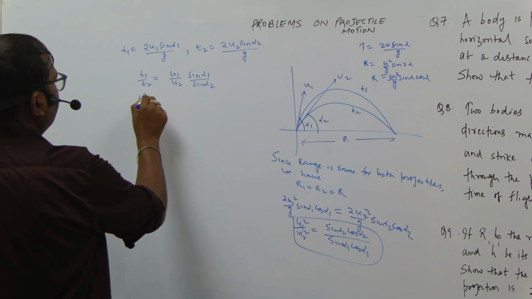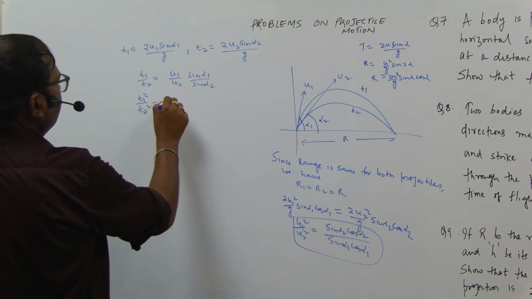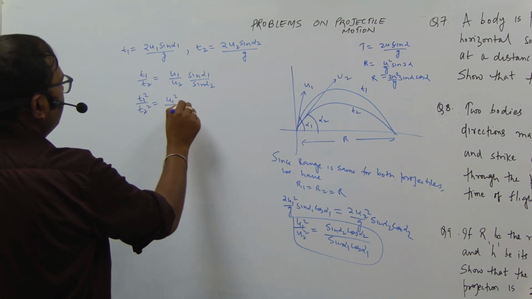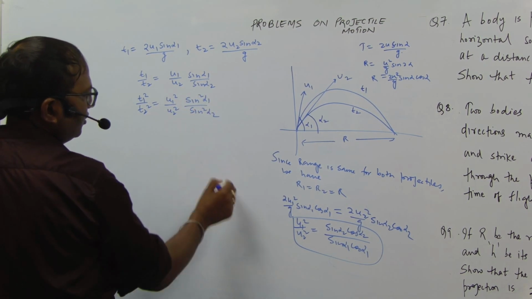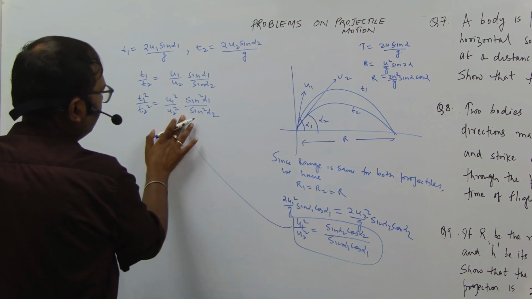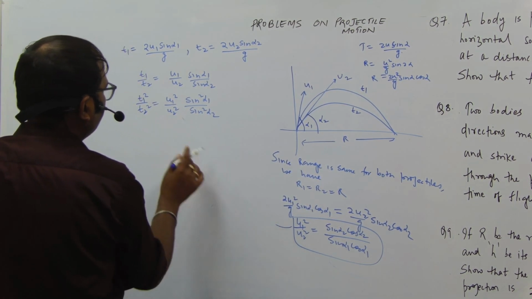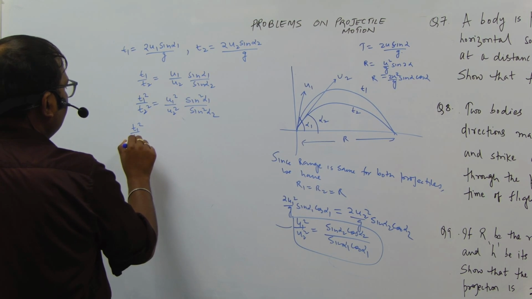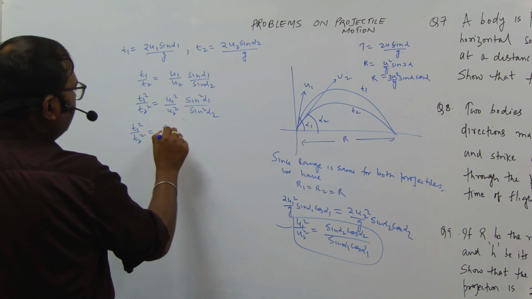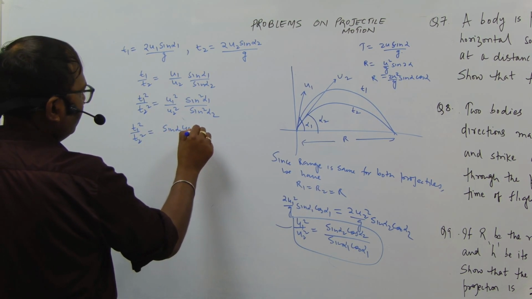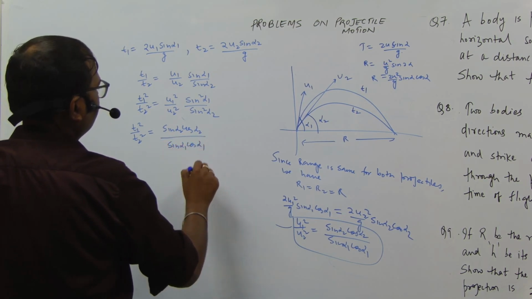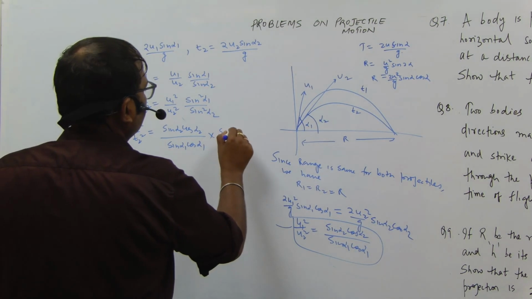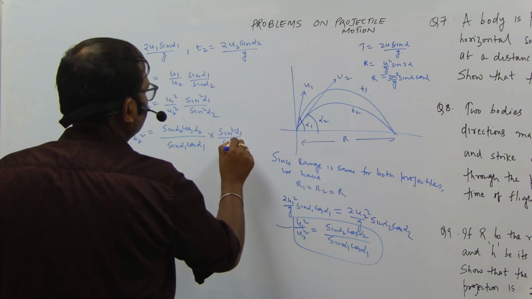Okay, so we have T1 square upon T2 square is equal to U1 square upon U2 square into sine square alpha 1 upon sine square alpha 2. So let us put U1 square upon U2 square from here. So T1 square upon T2 square is equal to sine alpha 2 cos alpha 2 upon sine alpha 1 cos alpha 1, into sine square alpha 1 upon sine square alpha 2.